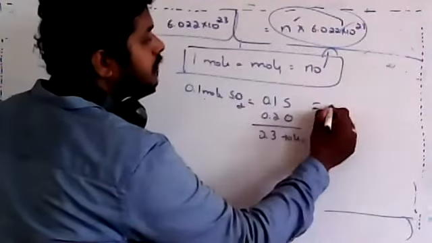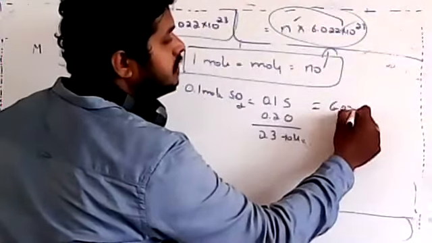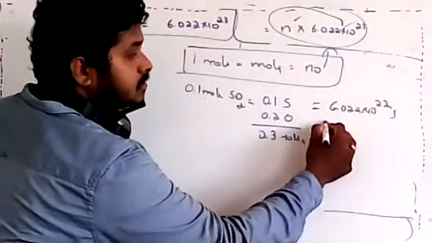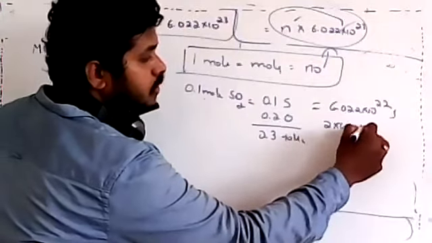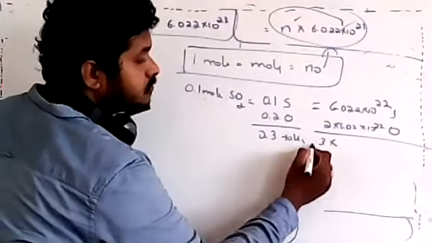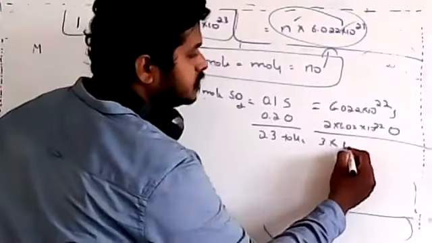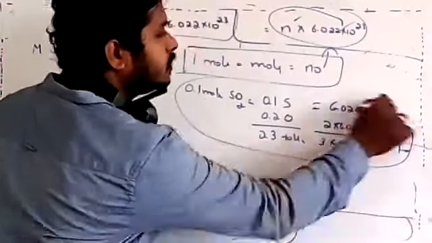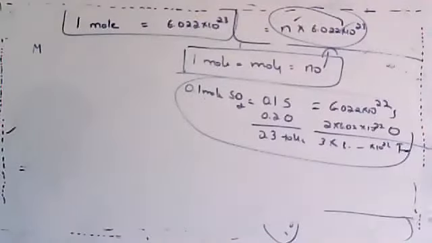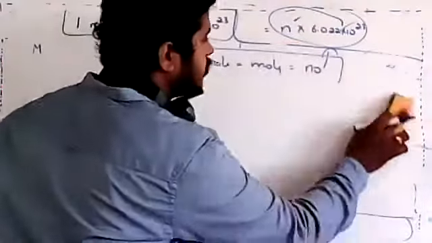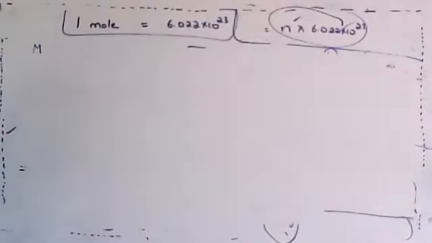How? 1 into 6.022 into 10 to the power 23 sulfur atoms, 2 into 6.022 into 10 to the power 23 oxygen atoms, and total will be 3 into 6.022 into 10 to the power 23 atoms. Just now you have done mole to mole and mole to number conversion, right? So you have practiced this, and I feel you have a little understanding about that.